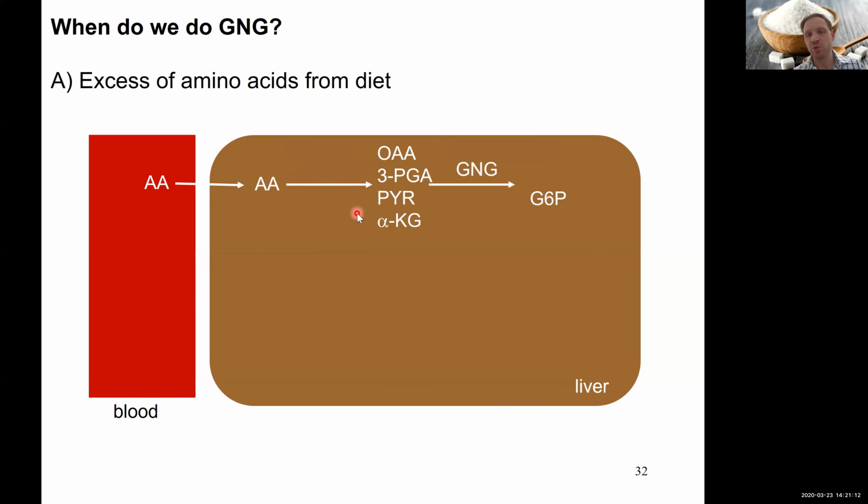Those now can be used for GNG, right? We can bring them into GNG, we can generate glucose 6-phosphate. Okay. But what do we do now under these circumstances where we're bringing in a lot of dietary resources, right? In this case, because we're bringing in so much energy, we don't actually have a shortage.